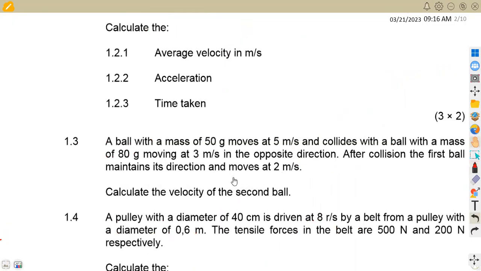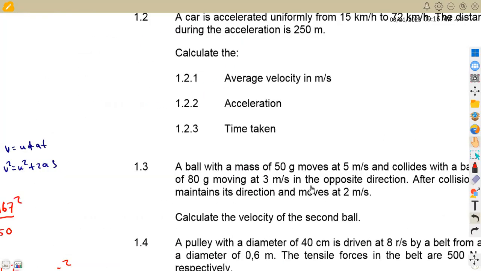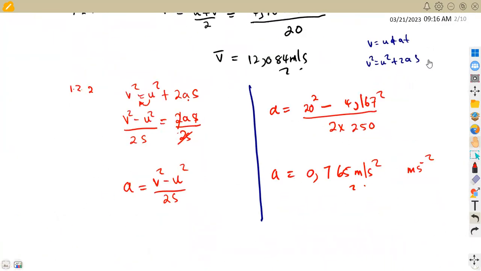On 1.23, the time taken, we need the value of t. All right, so let's get back here. I remember from this formula that I first presented before, 1.23, we need the time this time. So remember from this formula here, we talked about this formula before, that we have got V, which is equal to U plus AT, and we've got T in this case.